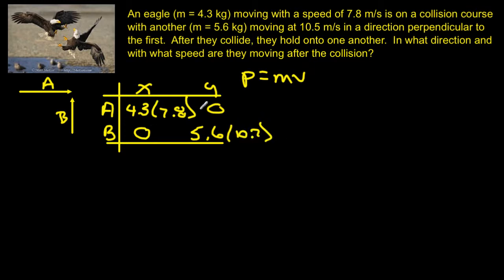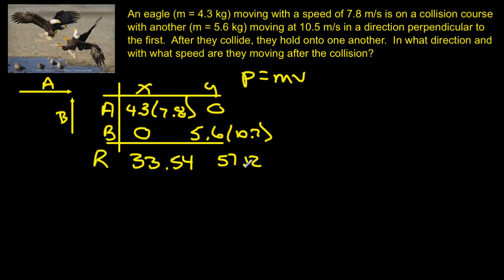So multiplying these out and then adding them, we will get a resultant momentum of 33.54 for the x direction and 57.12 for the y direction.